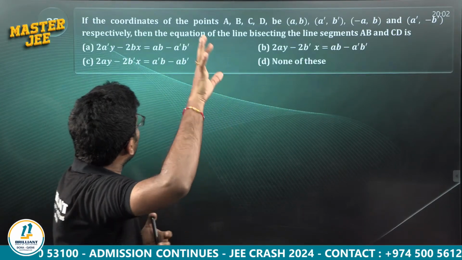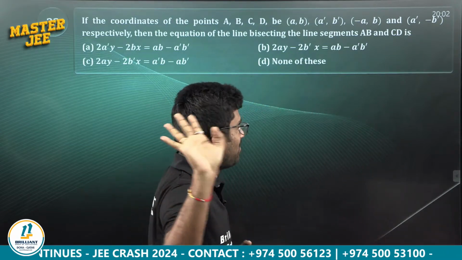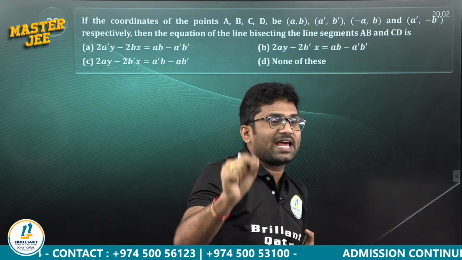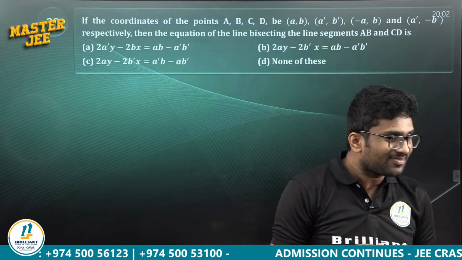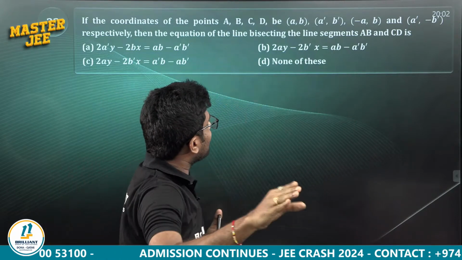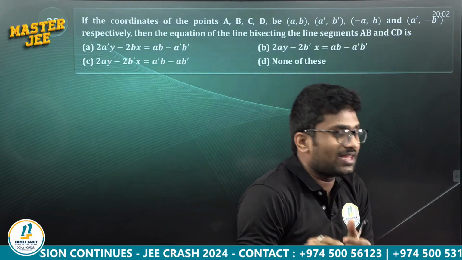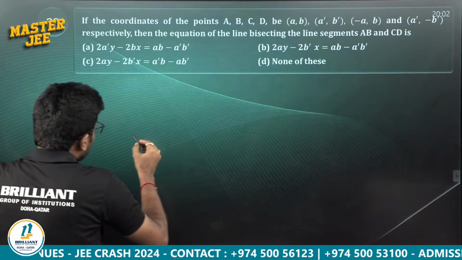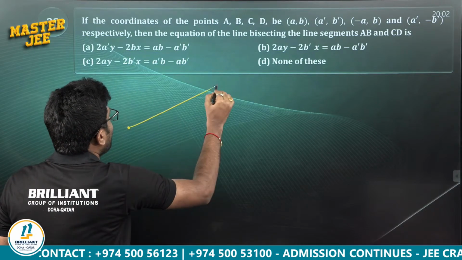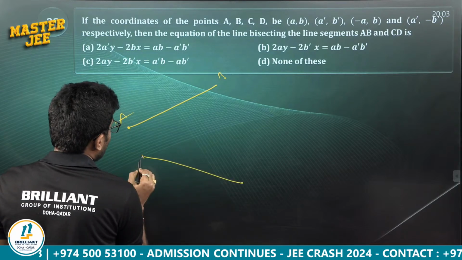Let's see. If the coordinates of the points A, B, C, D are given respectively, then find the equation of the line bisecting the line segments AB and CD. Bisecting means our required line is going to pass through the midpoint of AB as well as the midpoint of CD.